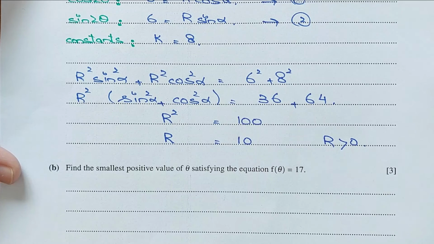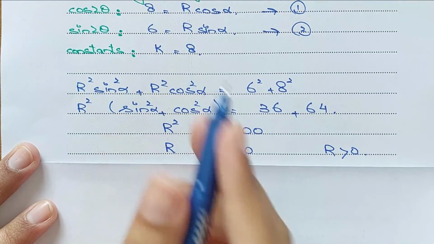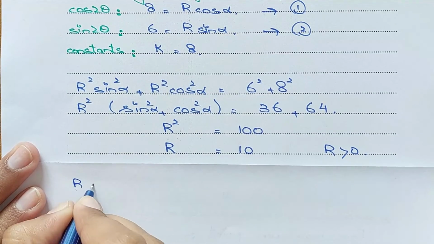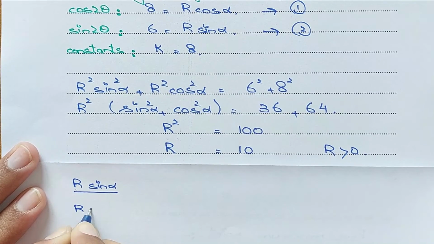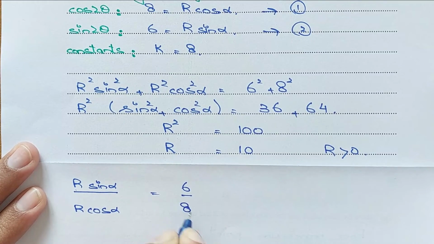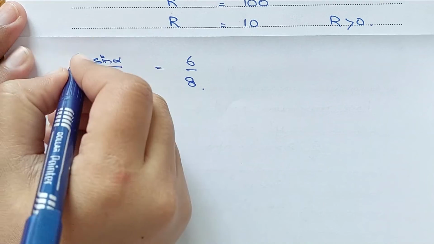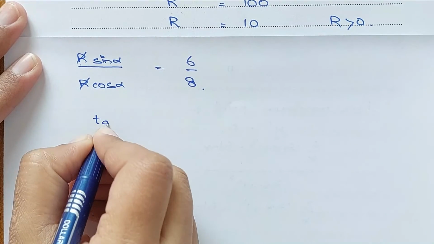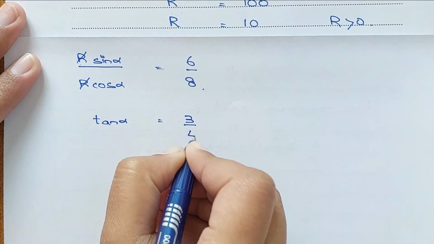Now let me solve for alpha. And alpha value should lie between 0 to pi by 2, in the first quadrant. So we can solve for alpha by dividing the second equation over the first equation, r sine alpha over r cos alpha, which is 6 by 8. Right. So r is cancelled with r. So sine alpha over cos alpha is tan alpha, which is 2 times 3 is 6 and 2 times 4 is 8.